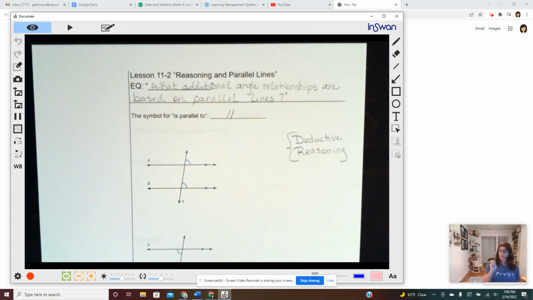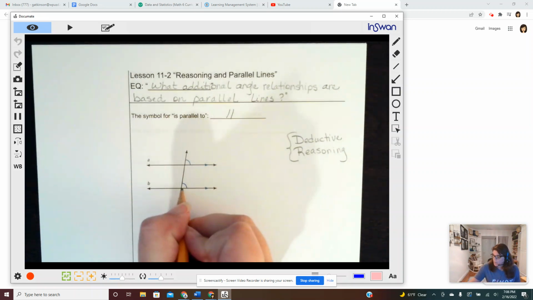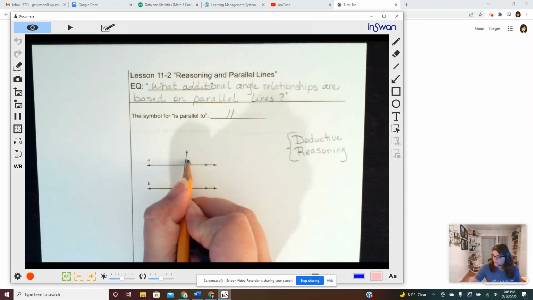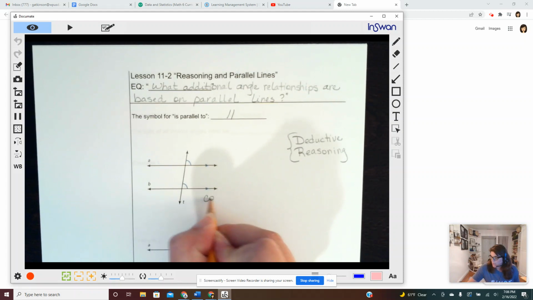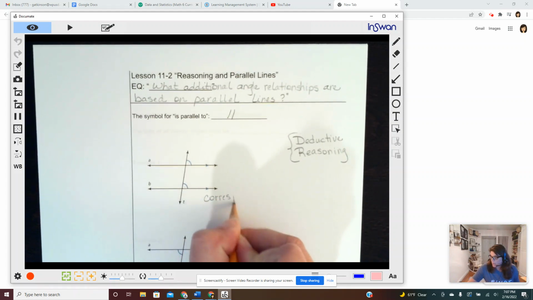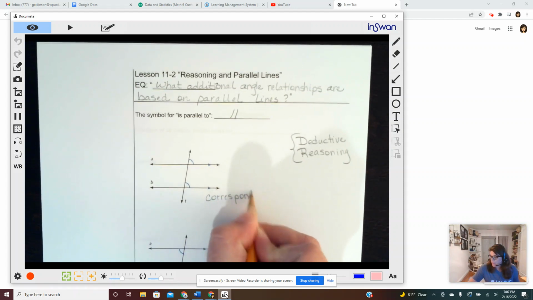Okay, so once again, the symbol for parallel is like that. I don't tend to draw them straight up because they do look like an 11, a little bit of an angle to it. Okay, and remember, we talked about the fact that these angles would be corresponding.